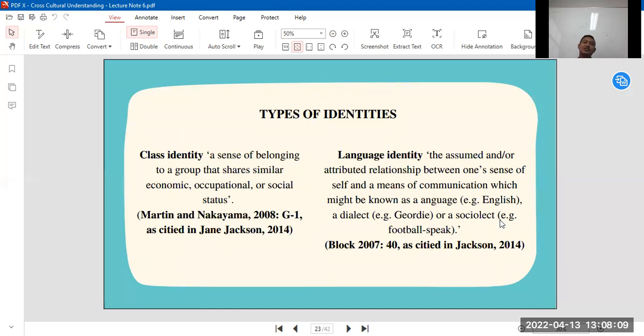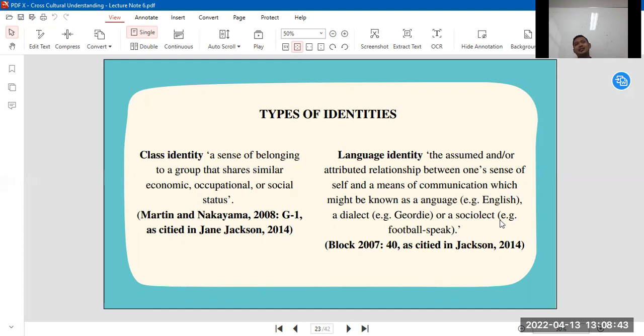One's socio-economic status may also play a role in one's identity and subsequently impact the intercultural relationship. Social class identity can also shape our perceptions and reactions to language use. For example, certain accents, dialects, and communication styles in particular settings or contexts.